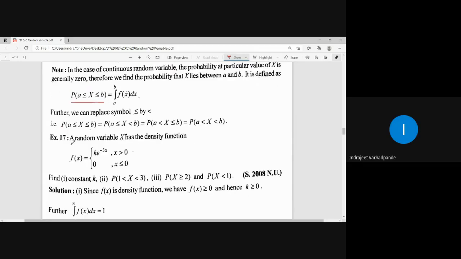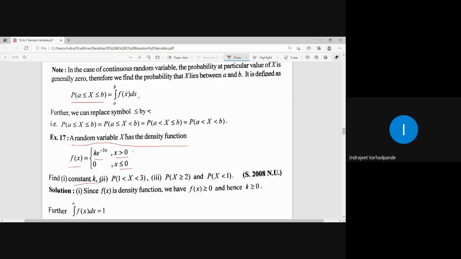Example: a random variable capital X has a density function f of x. For defining f of x, everywhere it will be a probability density function. They will use the word probability function or probability density function. So the density function is given by f of x is equal to k e to the power minus 3x, for x greater than 0, and 0 for x less than or equal to 0.